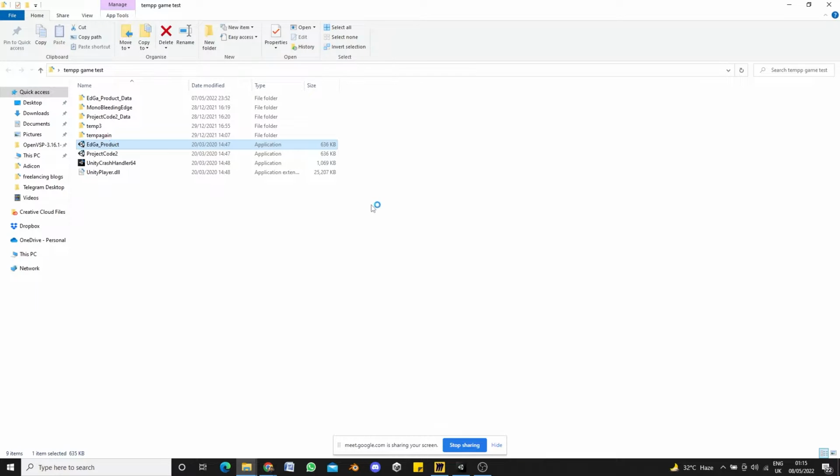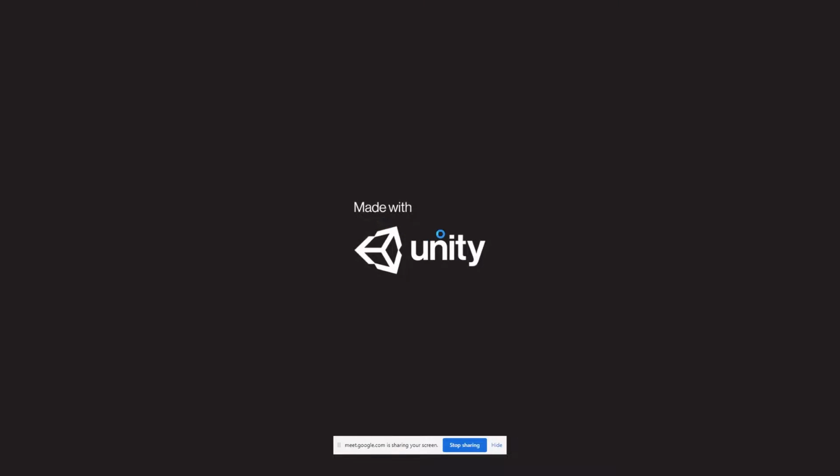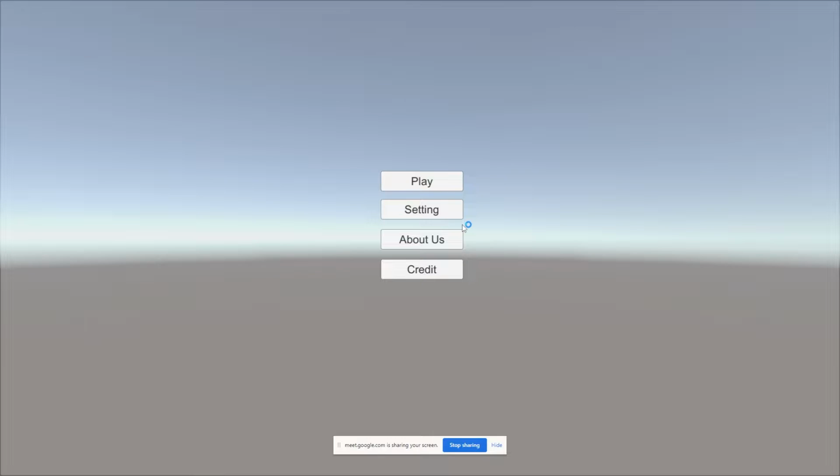Yes, I have. That's cool. Just open it on your PC. The UI is pretty basic because we want our students to make the UI according to their own taste and choice. Okay, so I'm playing it. Let's go.